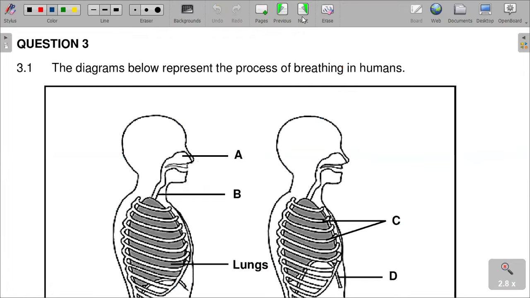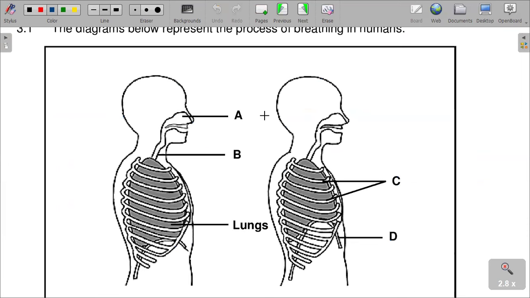The diagram represents the process of breathing in humans. As you can see, the chest cavities are shown in this question.